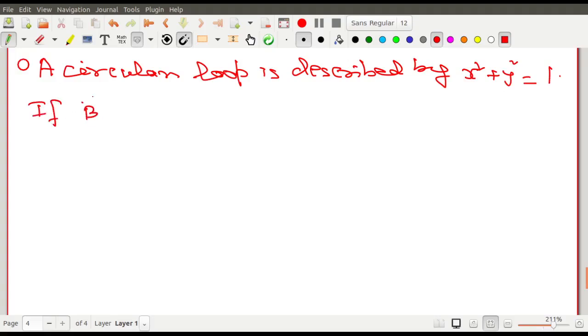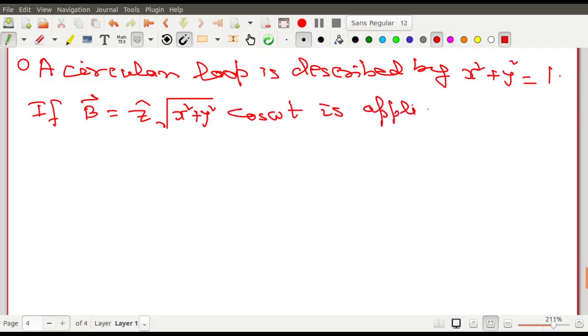If B vector equals z cap root over x square plus y square cos omega t is applied, then what is the induced EMF?